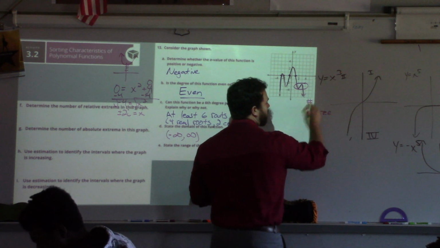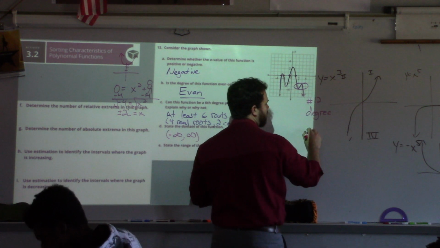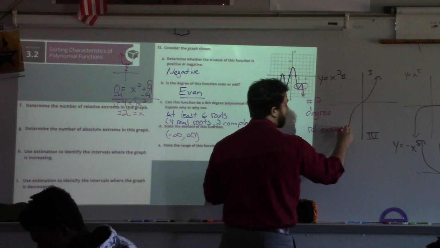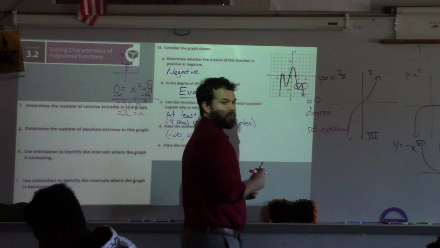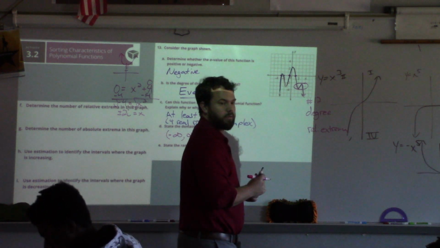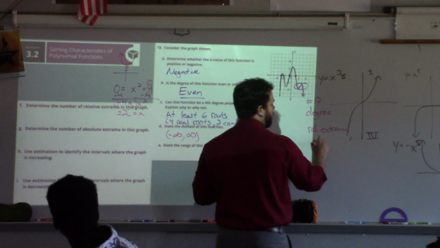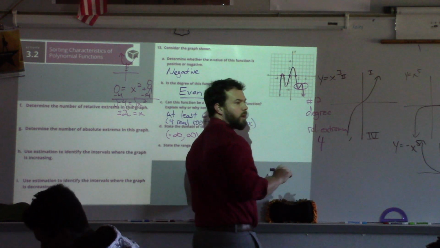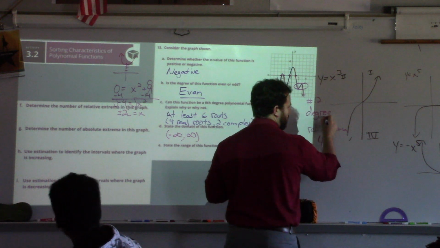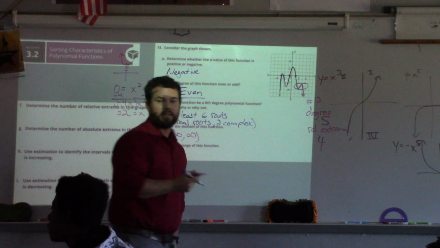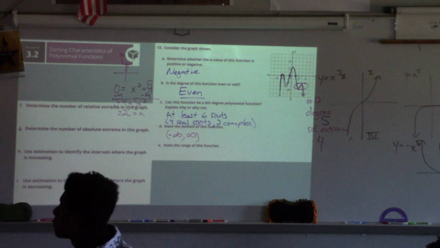There's only one problem that talks about relative extrema. So how many relative extrema? 4. What did we identify the degree as probably being? Didn't we say 5? Because we're asked if it could be a cubic function. We said no, it can't be cubic. It could be quintic.